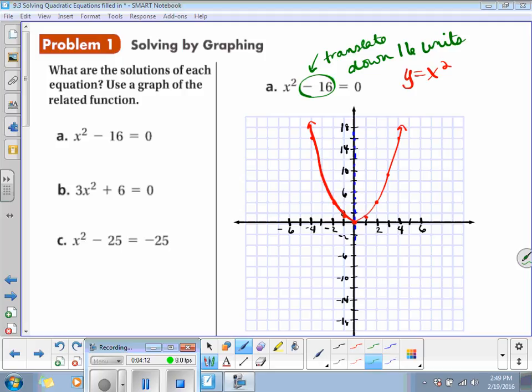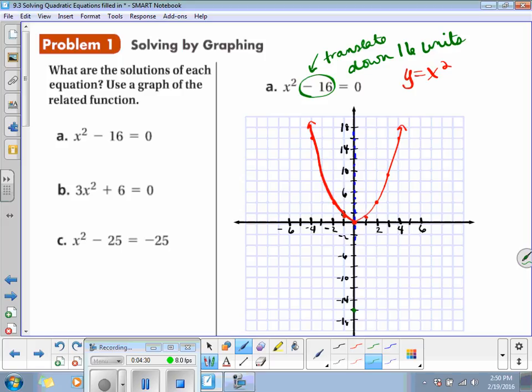So that means that each one of these points that we have on the parent function is going to go down 16 points, right? So here, this is 0, 0. We're going to be down here at 0, -16. You got that?